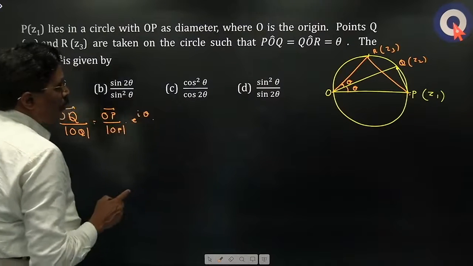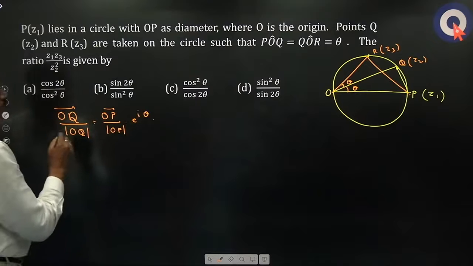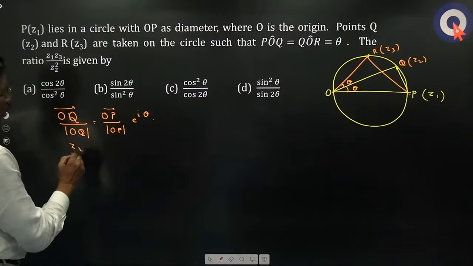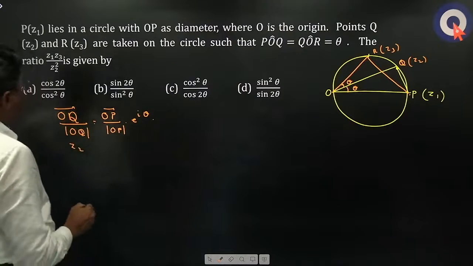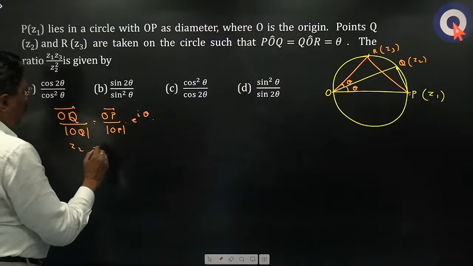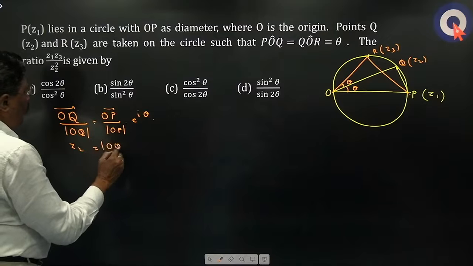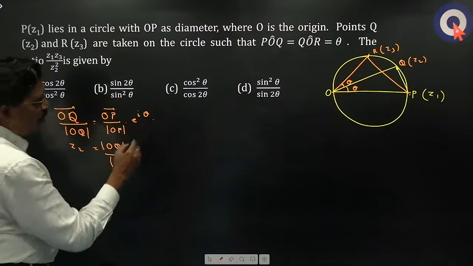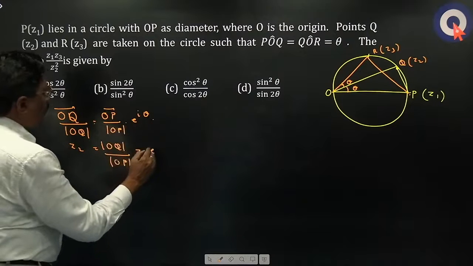Right. Now OQ is Z2, which is equal to mod OQ by mod OP, and OP is Z1 into e power i theta.